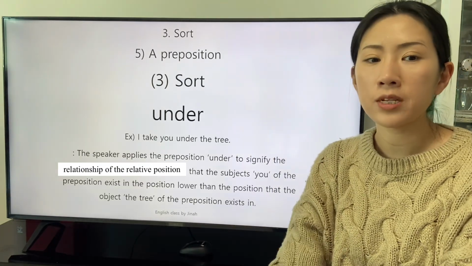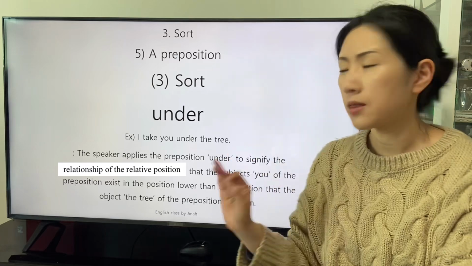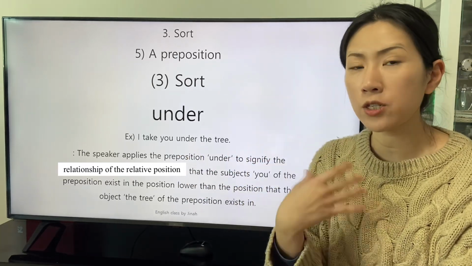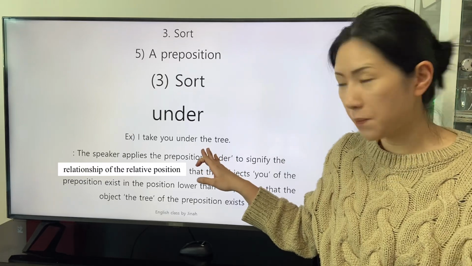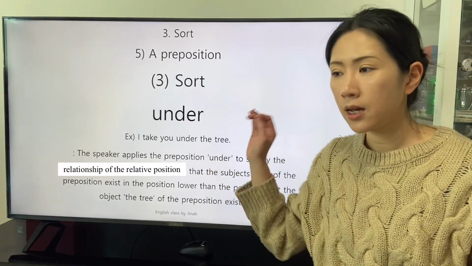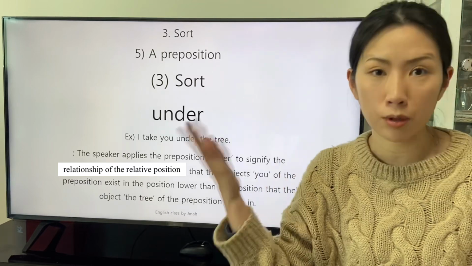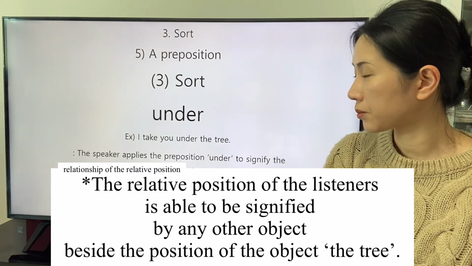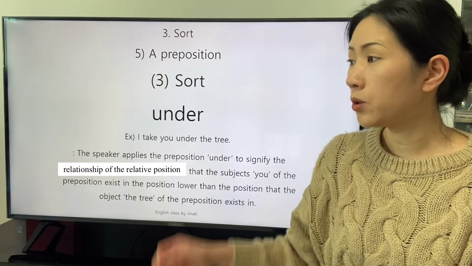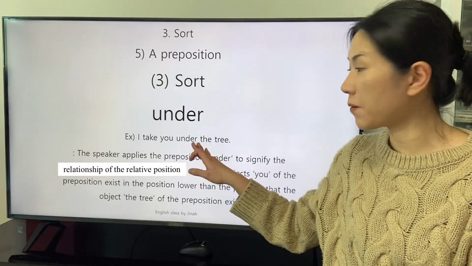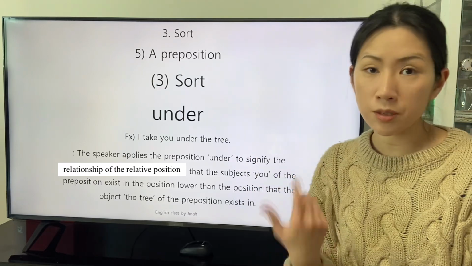There is a clause, I take you under the tree. With the fact that the preposition under is applied, we can know that the object of the preposition, the tree, is the relative standard that is changeable. So the object of the preposition under is changeable.